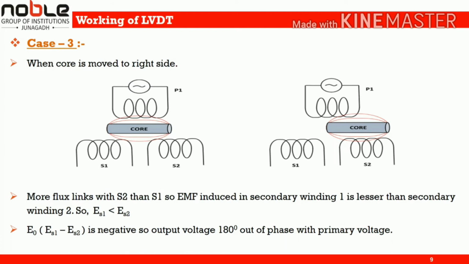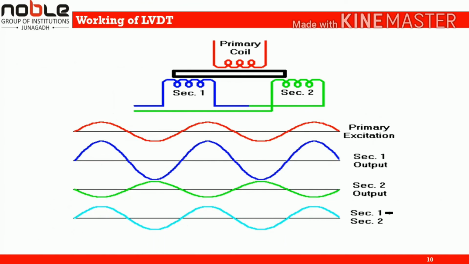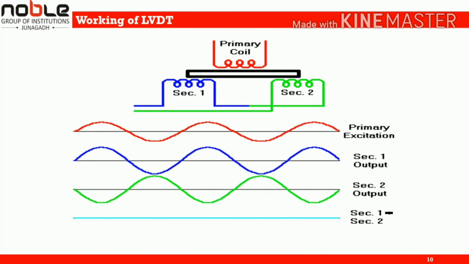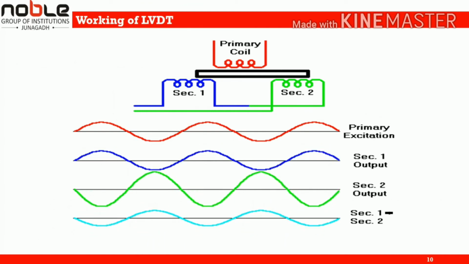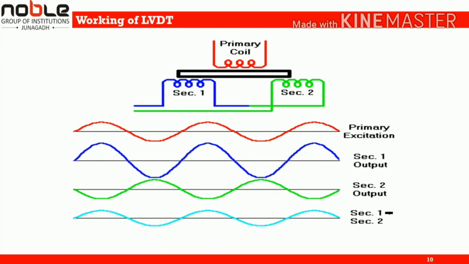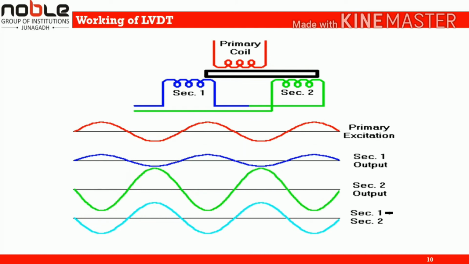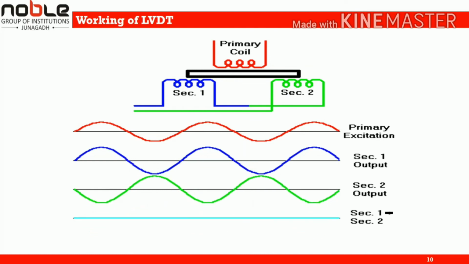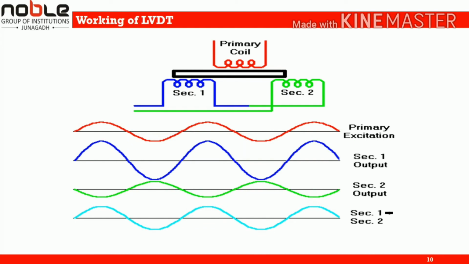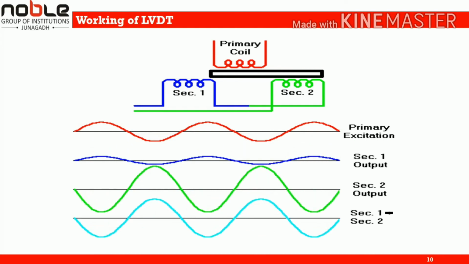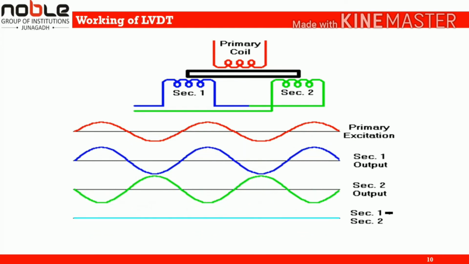Here there is one animation regarding the working of LVDT. As we can see, the first waveform is the primary excitation, the second one is the secondary 1 output, the third one is the secondary 2 output, and the last one is the total output of the LVDT. In this animation the core is moving.